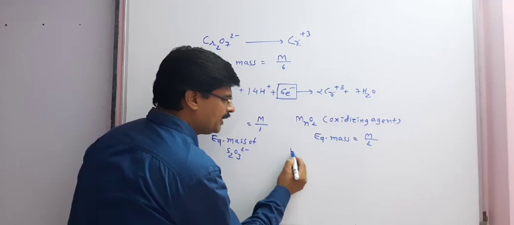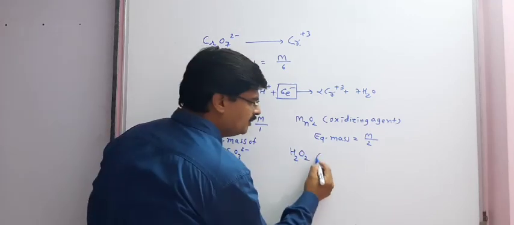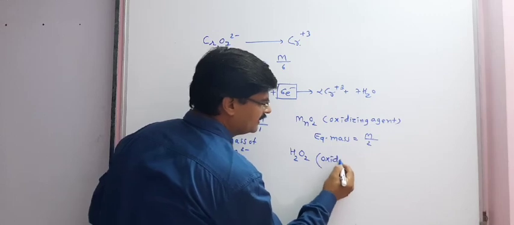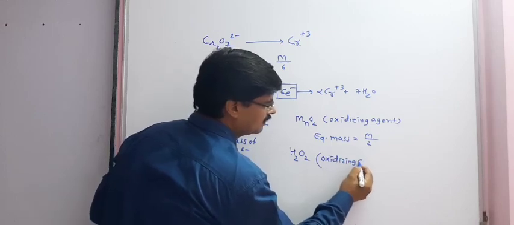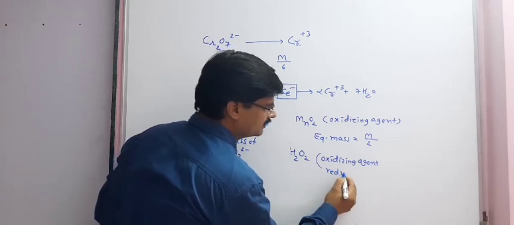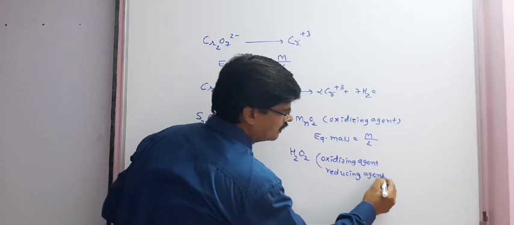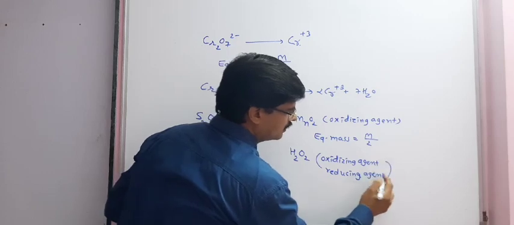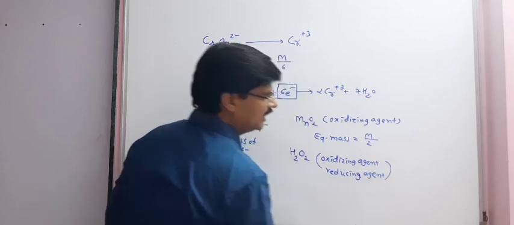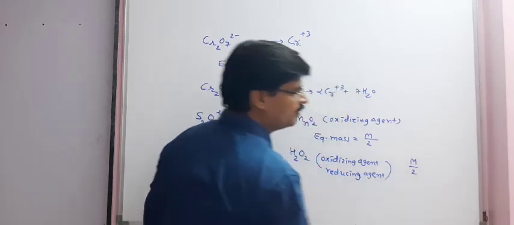For hydrogen peroxide, H2O2, whether it behaves as an oxidizing agent or reducing agent, its equivalent mass is obtained when molar mass is divided by 2.